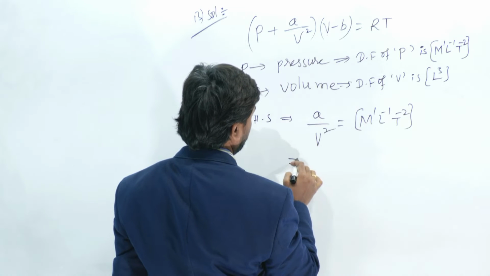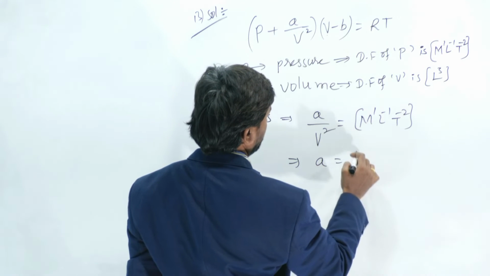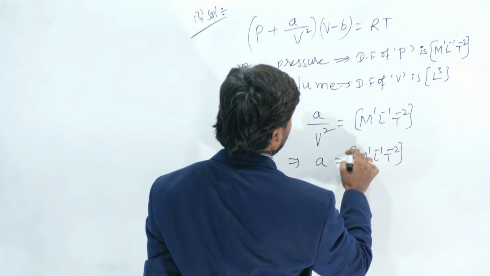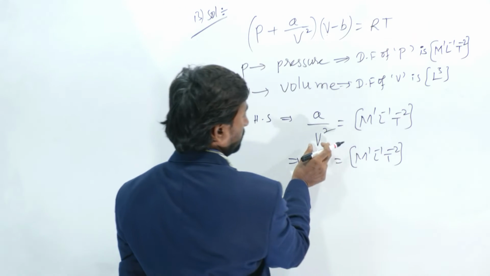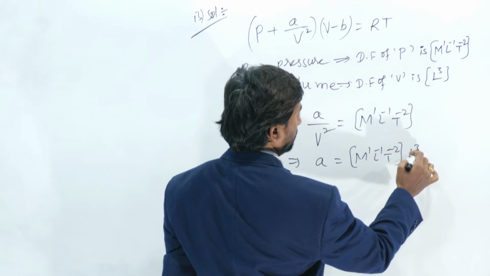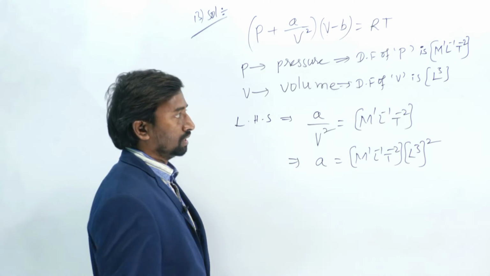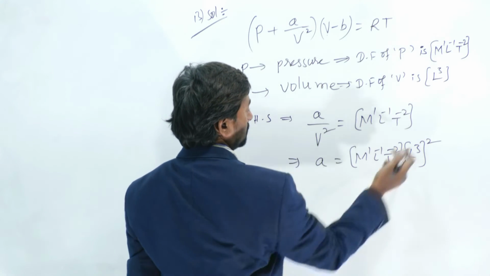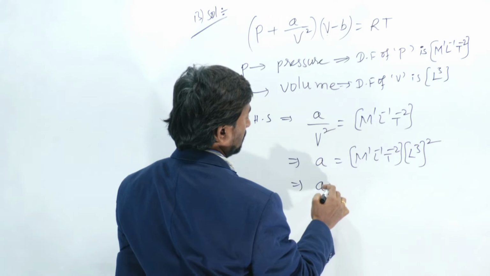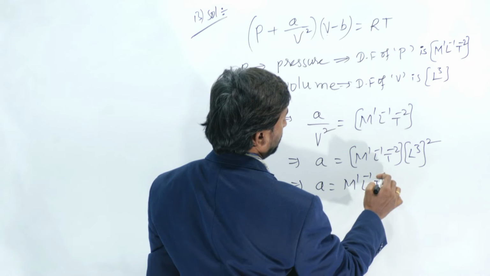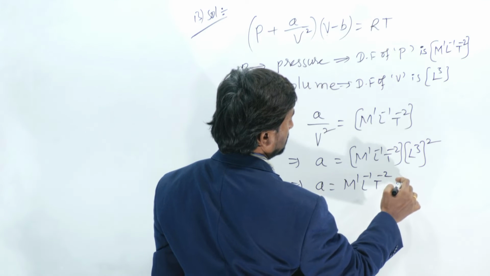Now if you write the dimension formula, A is equal to M power 1, L power minus 1, T power minus 2 into V square. The dimension formula of V square is L power 3, whole square, since the dimension formula of volume is L cube. So A is equal to M power 1, L power minus 1, T power minus 2, and L power 6 will come.